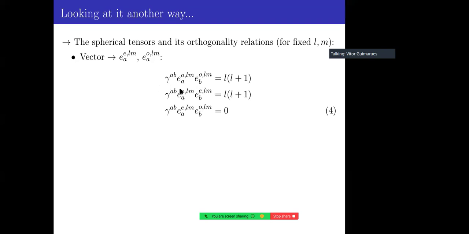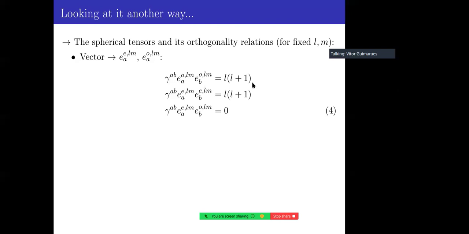So when we take the inner product of a vector with itself, it will yield not one as we would expect, but this quantity here. It's just not normalized.